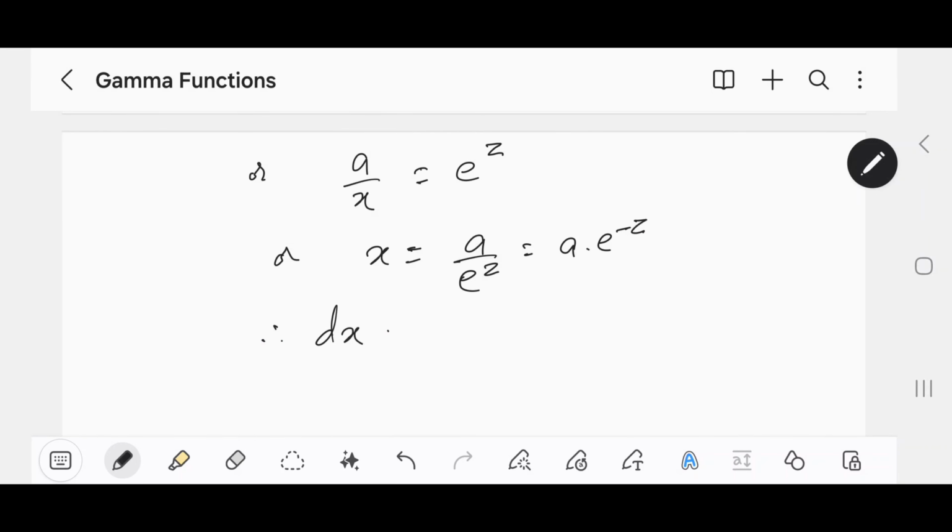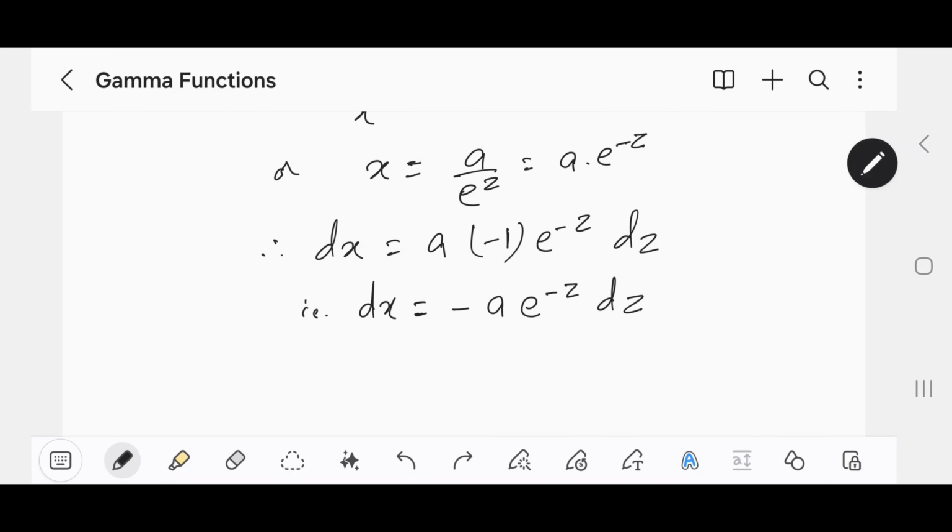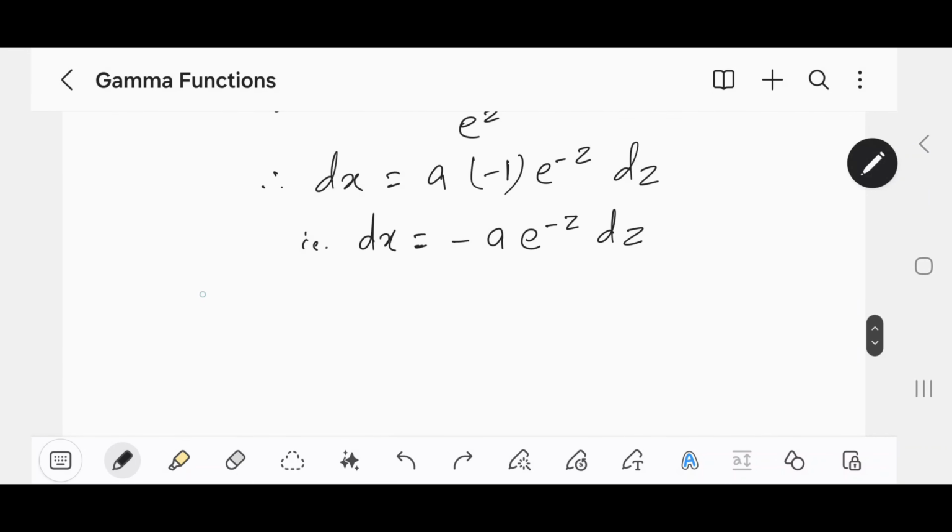Therefore, differentiating both sides, dx equals a times minus 1 e to the power minus z dz. That is, dx equals minus a e to the power minus z dz. Also, let's check the limits here.